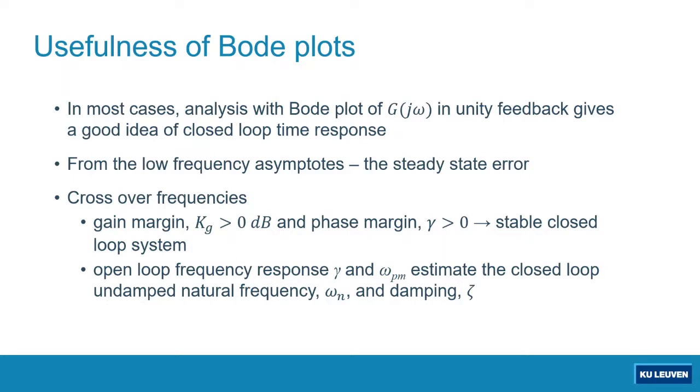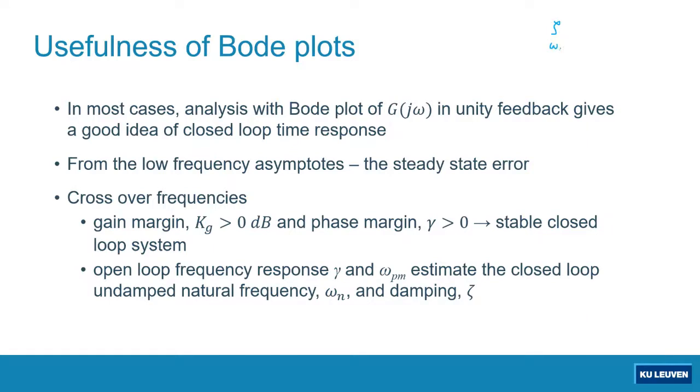The Bode plot of our open loop transfer function, on the one hand, can tell us the properties of the transient response in terms of zeta and omega n.